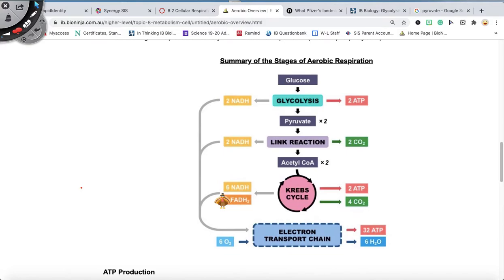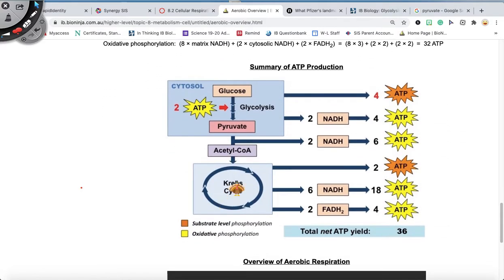that we've learned before, and I want to focus on this summary of ATP production. Remember that part of the ATP generated in aerobic cellular respiration comes from substrate level phosphorylation.